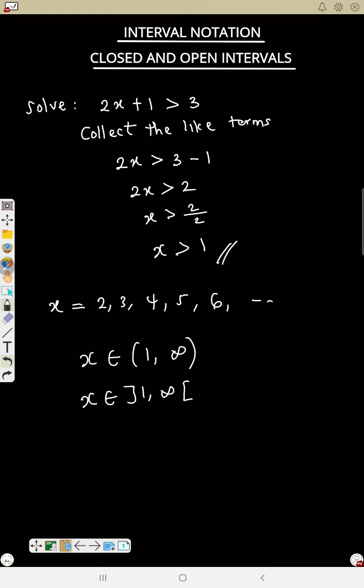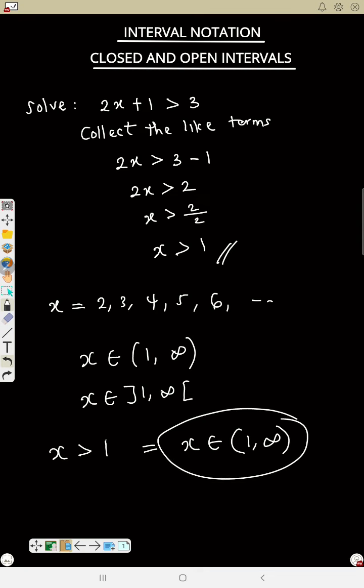So you should learn the notation. So this is how we can represent this. That means x is greater than 1 is also x is a member of (1, infinity). If I write this now, you should know it means x is greater than 1. So learn the interval notation.